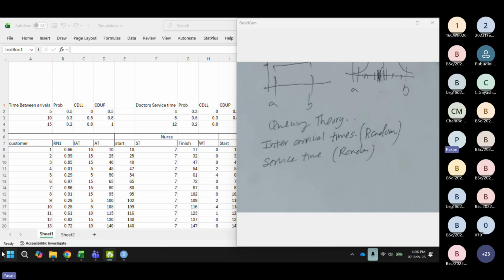Once you identify these in the queue, what are the things we would like to measure? Using these two variables, we would like to measure the average waiting time, which can be the waiting time in the queue or the waiting time in the system. Then we can measure the average length of the queue, or the average length in the system, and so on.